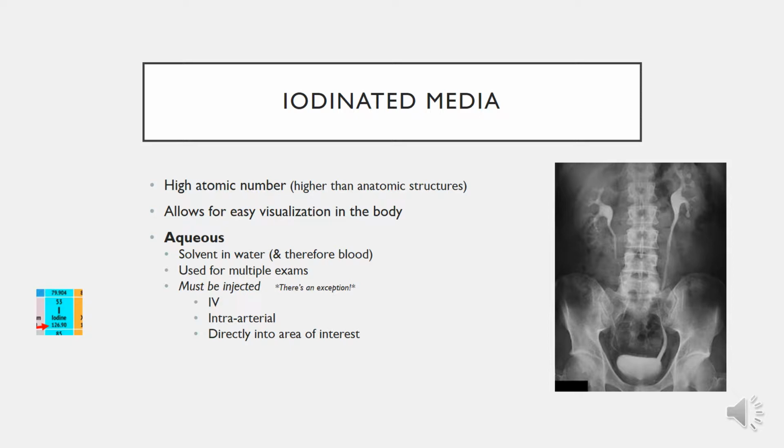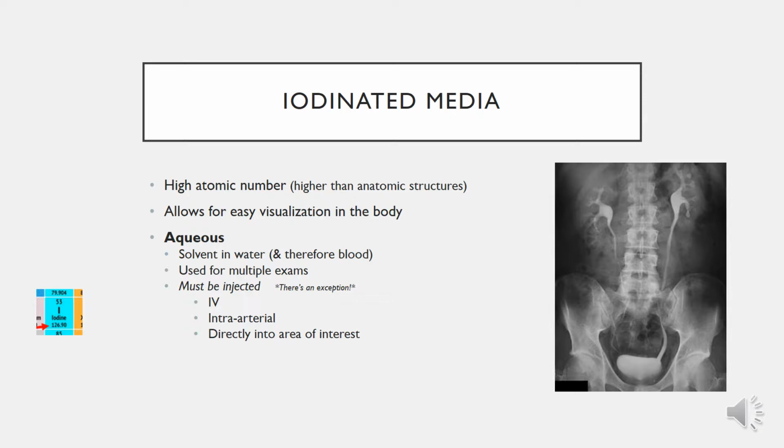This type of contrast is only going to remain visible within the body for so long because it's traveling through the bloodstream. It's going to become diluted and it's eventually going to be excreted via the urine. So timing of our medical imaging exams using iodinated contrast is very important. Most iodinated contrast medias are injected.